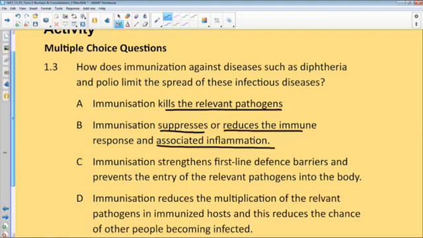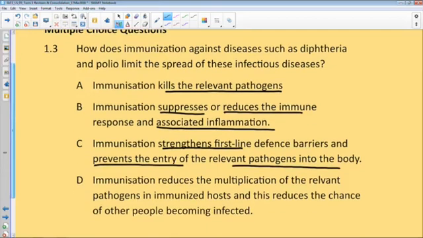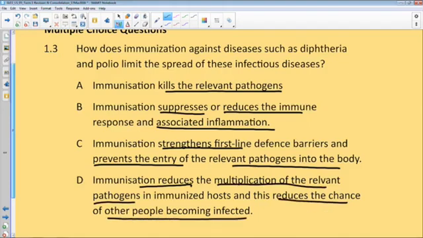C. Immunization strengthens first-line defense barriers and prevents the entry of relevant pathogens into the body. And D, immunization reduces the multiplication of the relevant pathogens in the immunized host, and this reduces the chance of other people becoming infected.